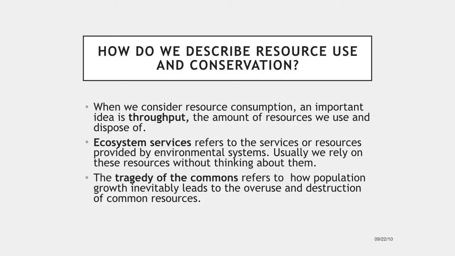The natural world supplies the water, food, metals, energy, and other resources we use. Some of these resources are finite. Some are constantly renewed. When we consider resource consumption, an important idea is throughput, the amount of resources we use and dispose of. Ecosystem services, another key idea, refers to services or resources provided by environmental systems. Provisioning of resources, such as the fuels we burn, may be the most obvious service we require.